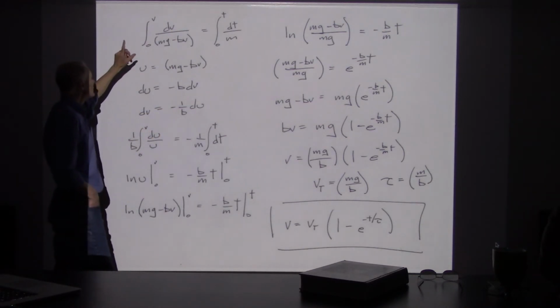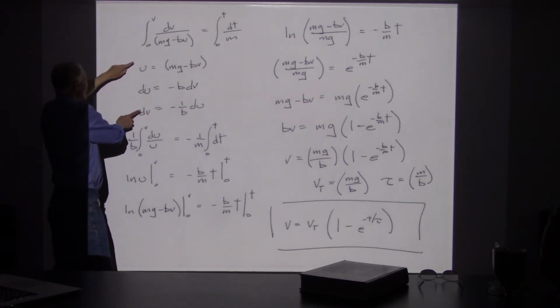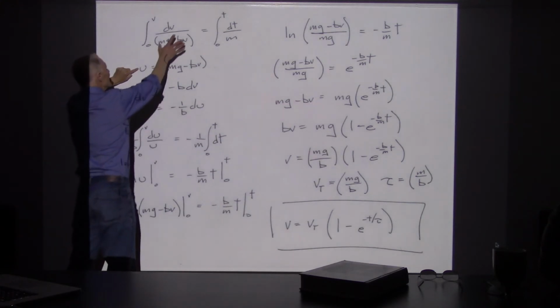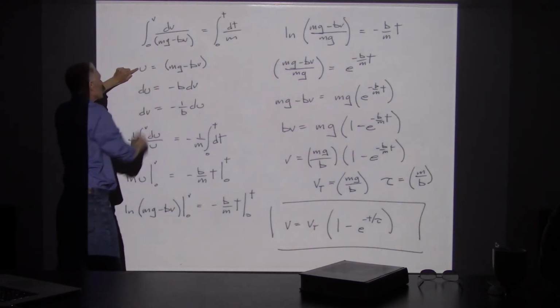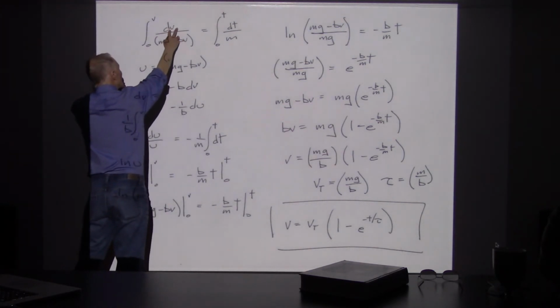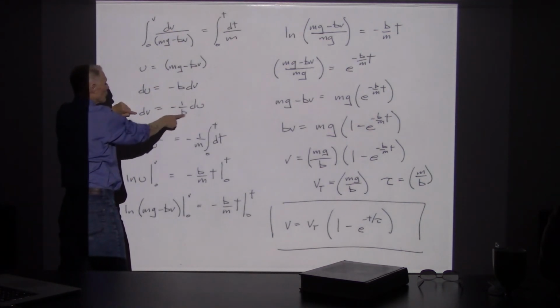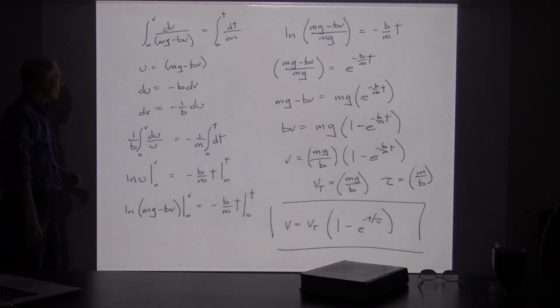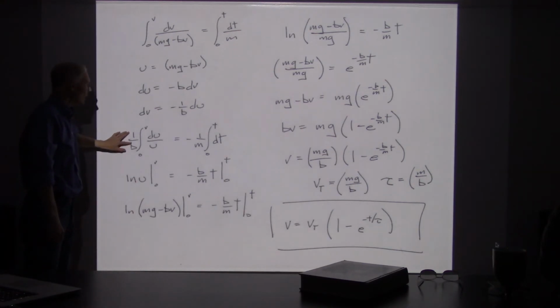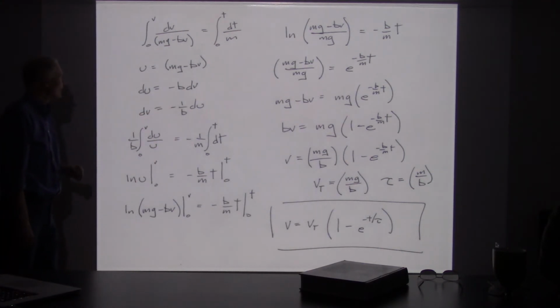So I've taken these statements right here, the u, and taken out this piece and substituted that with u. And then I've taken out the dv and replaced it with minus 1 over b du. I ended up with an integration that looks like this.